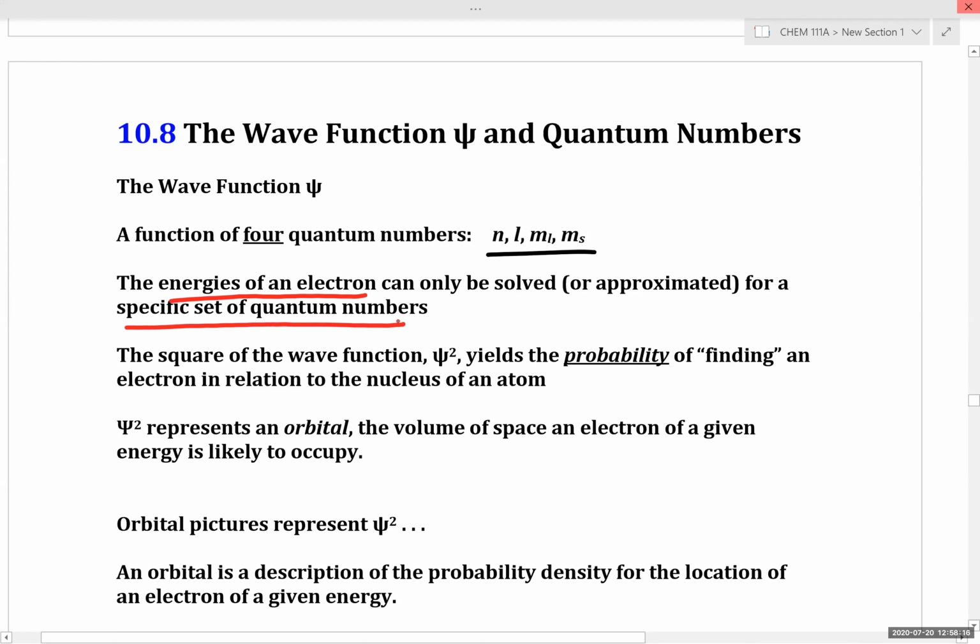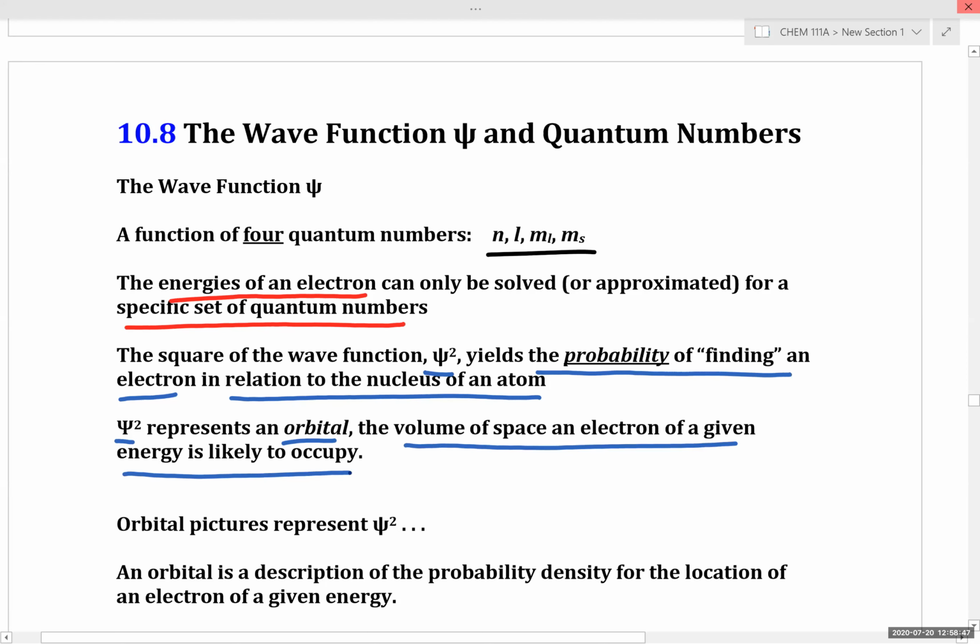So we can only accurately describe the energy of an electron for a specific set of quantum numbers. Now, the square of the wave function, which depends on these quantum numbers, yields the probability of finding an electron relative to the nucleus. The wave function squared is best represented as an orbital, which is the volume of space an electron of a given energy is likely to occupy.